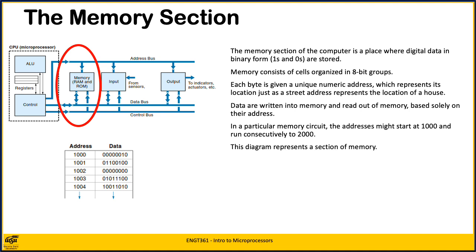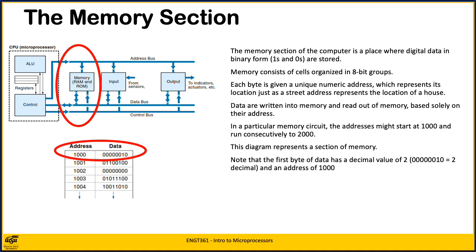In a particular memory circuit, the addresses might start at 1000 and run consecutively to 2000. This represents a section of memory. Note that the first byte of data has a decimal value of 2, or 00000010, and an address of 1000.